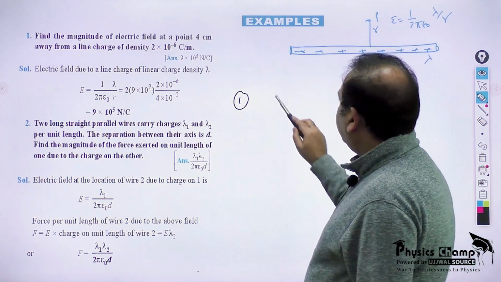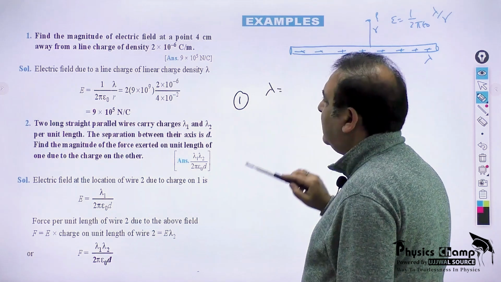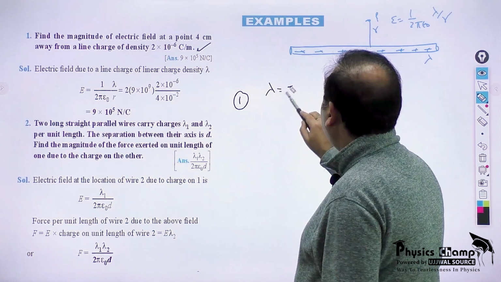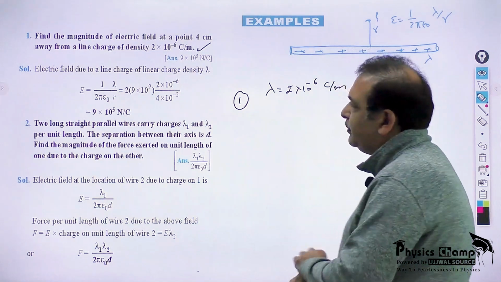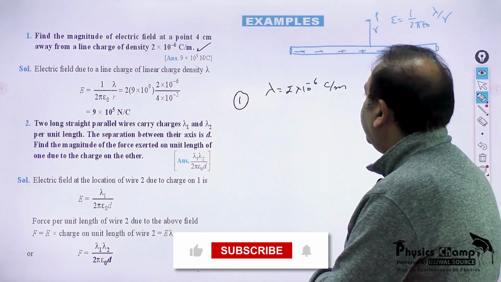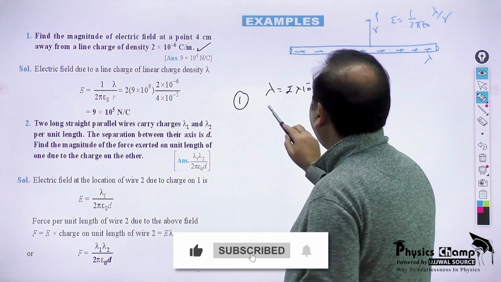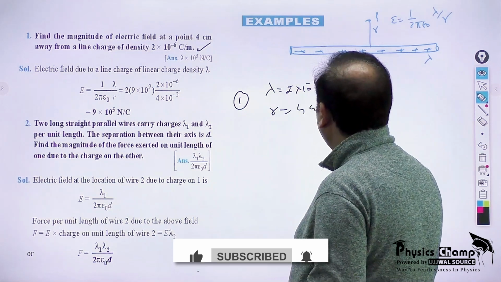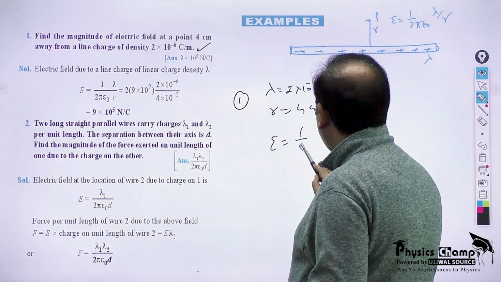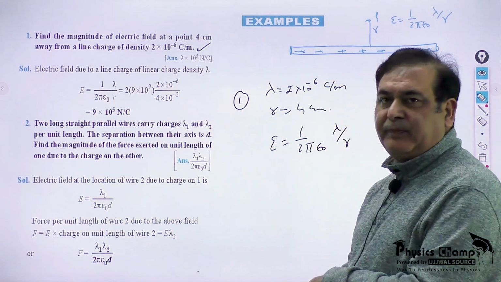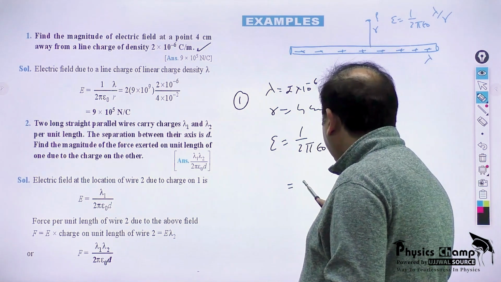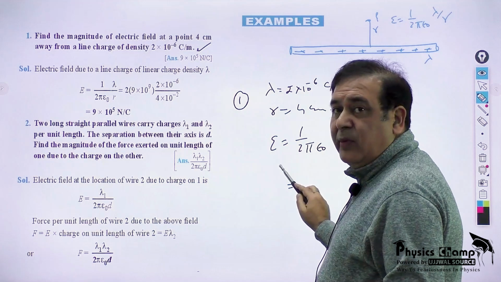So in the first question we have a linear charge density which is given as 2 into 10 to the power minus 6 coulomb per meter, and we want electric field at a distance 4 centimeter from it. So electric field will be 1 by 2 pi epsilon naught lambda by r. So 1 by 2 pi epsilon naught will be double of 1 by 4 pi epsilon naught.